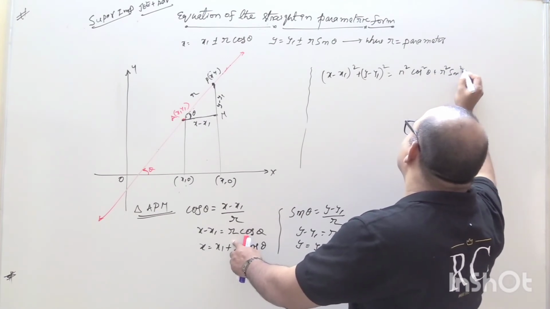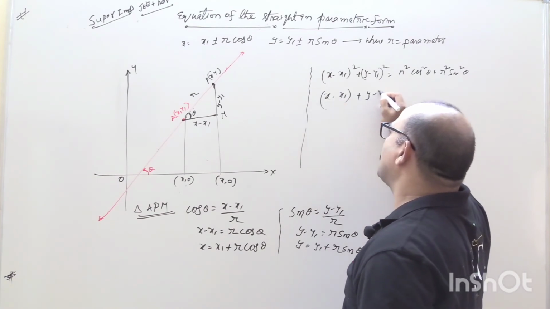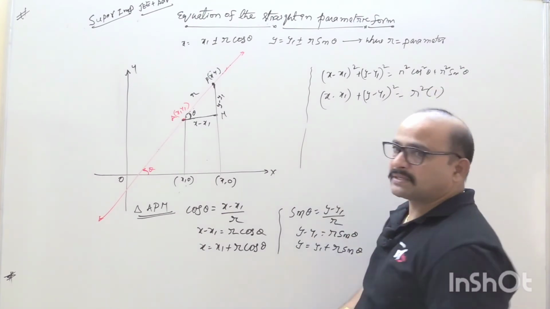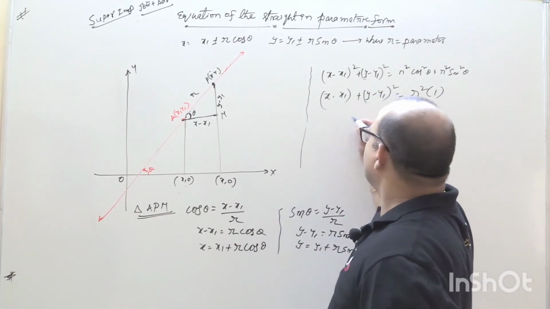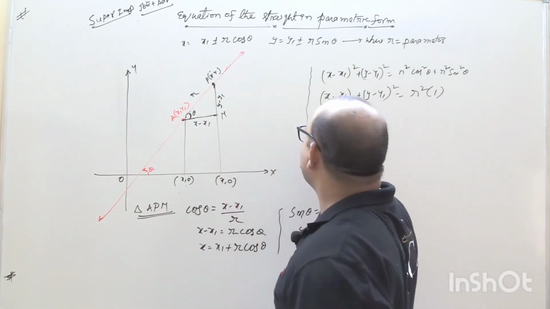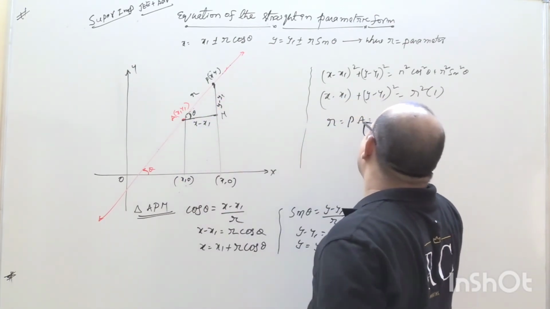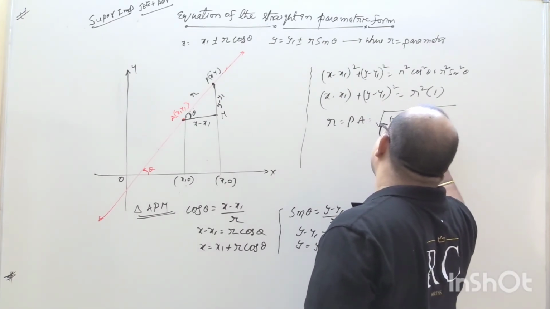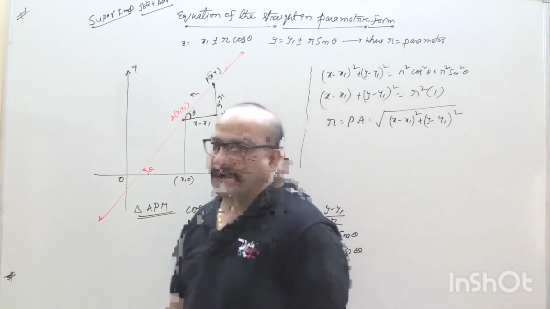Distance between my house and my neighbor's house is r. Take r square common: cos square theta plus sin square theta is equal to 1. So r is equal to the distance PA, which is the square root of x minus x1 whole square plus y minus y1 whole square. This is the parametric form.